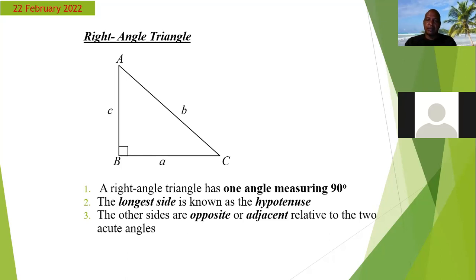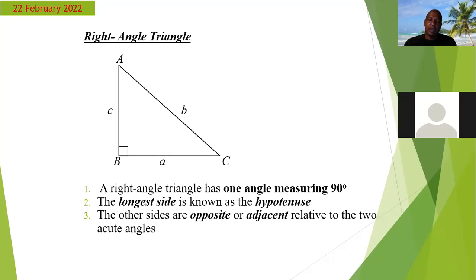Yes, sir. Can you say why we can't say that the hypotenuse is opposite to another angle? Right, so we reserve the hypotenuse to be the hypotenuse. It is the longest side, so we just simply refer to it as hypotenuse. It already has its name.